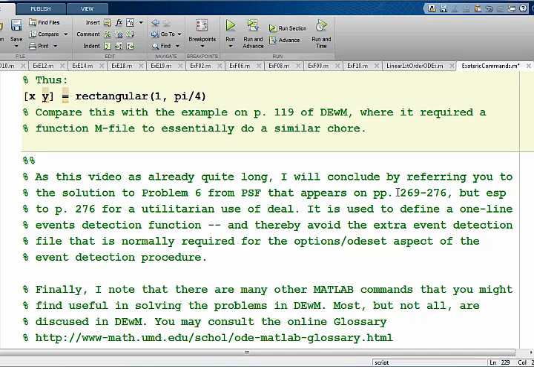It's on pages 269 to 276. But especially the material on page 276 for a utilitarian use of deal. It's used to define a one-line event detection function, and it thereby avoids the extra event detection file that is normally required for the odeset aspect of the event detection procedure.